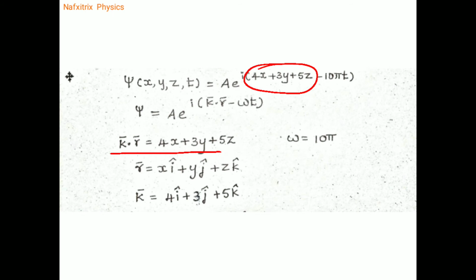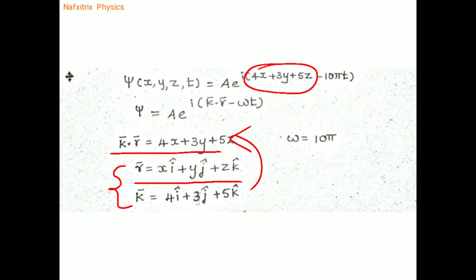We know that r is nothing but x i cap plus y j cap plus z k cap. This is the position vector in general. So here k is nothing but 4 i cap plus 3 j cap plus 5 k cap. If we do the dot product between this k and r, we get this one.